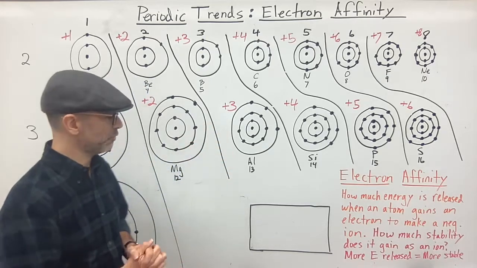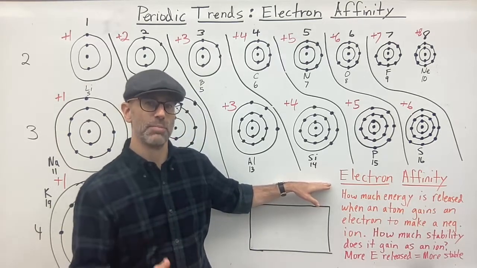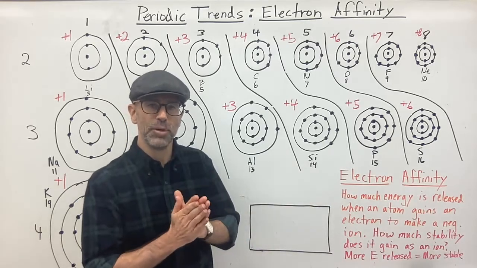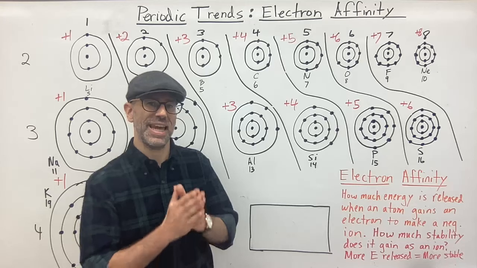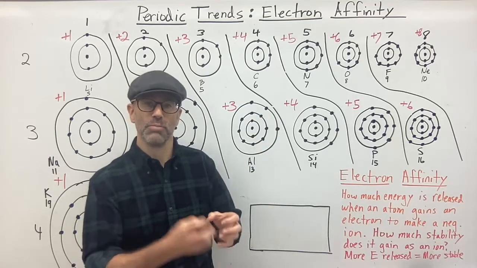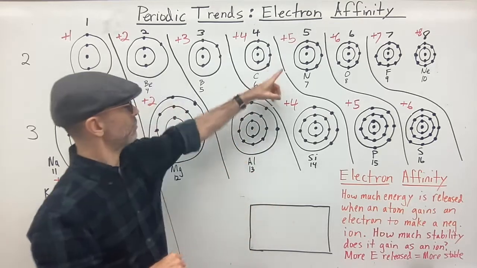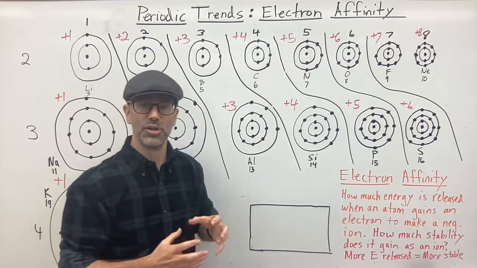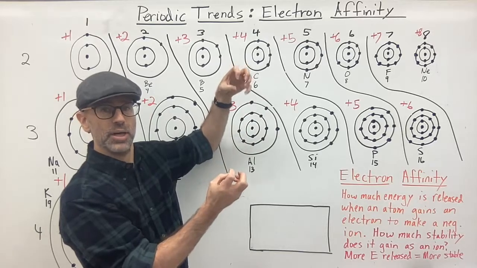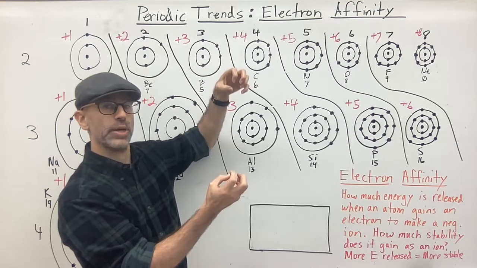So what is electron affinity? Electron affinity, by all accounts, is really the opposite of ionization energy. We learned in a previous video that ionization energy is the energy that is put in order to remove an electron from the atom. If you have an electron in the atom, there's a certain amount of potential energy to that atom. If I am removing that electron from the atom, then that is causing the potential energy of the electron to increase.